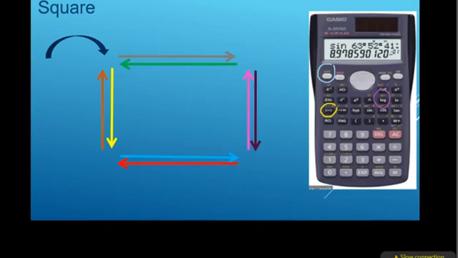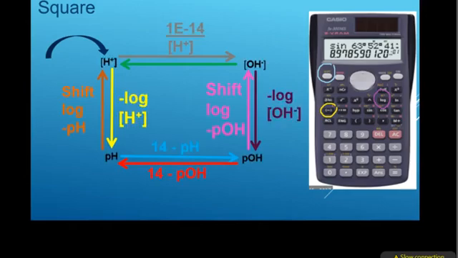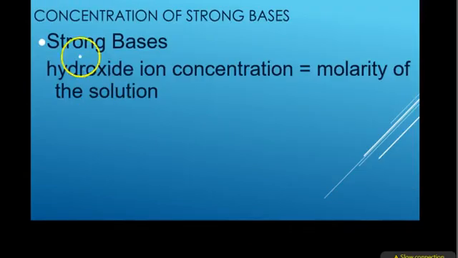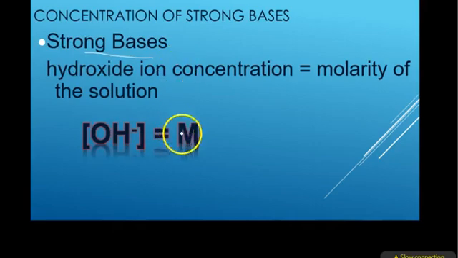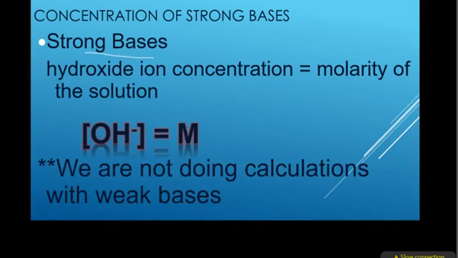All right. The next thing that they're going to show me is the strong bases. Strong bases are just like strong acids. Their molarity immediately equals their ion concentration. And we are only doing calculations for strong bases.